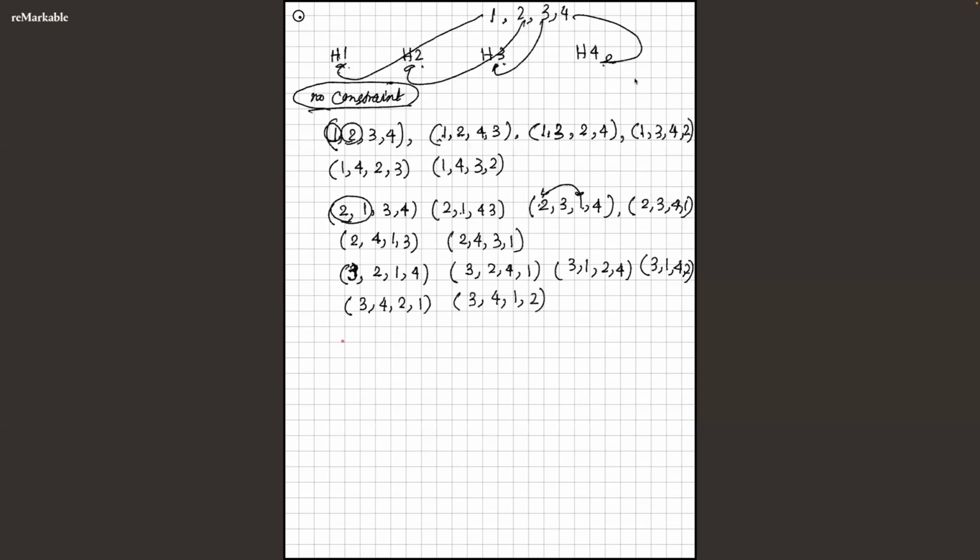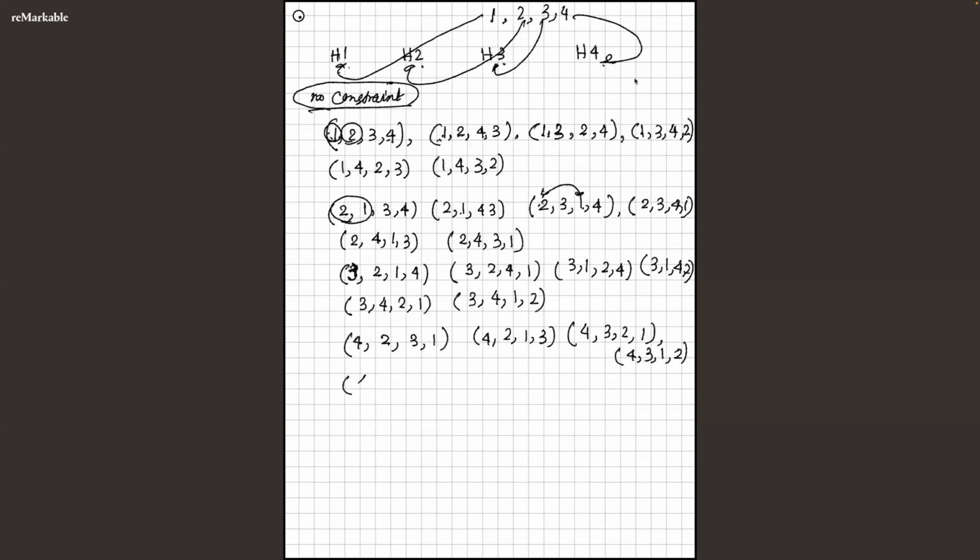And then finally I swap 1 and 4. So we have 4, 2, 3, 1 and 4, 2, 1, 3, 4, 3, 2, 1. Then we have 4, 3, 1, 2.